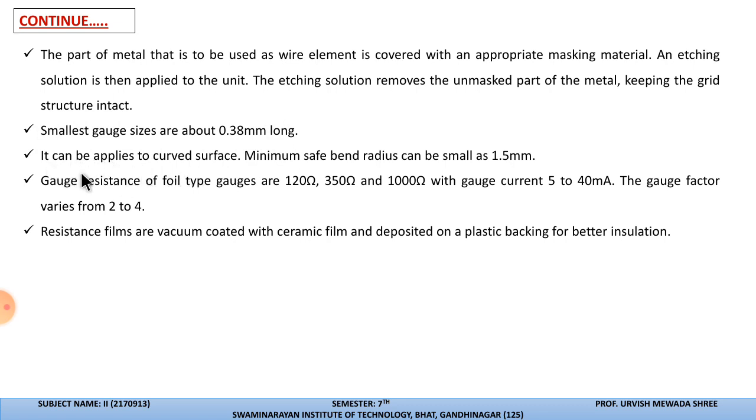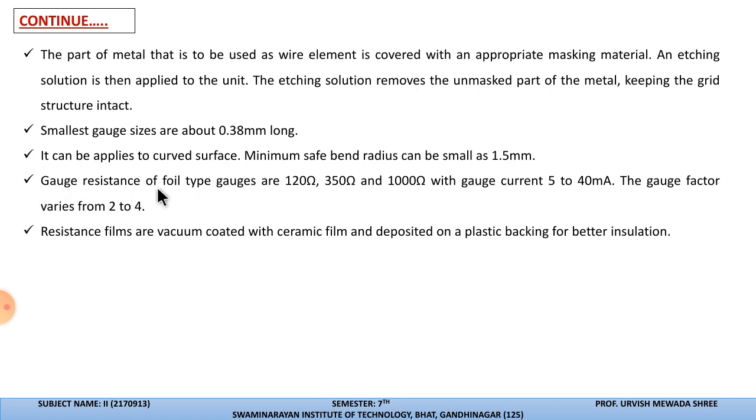Now it can be applied to curved surfaces because we use thin films of the foil, so we can give any shape to that foil, and the minimum safe bend radius can be as small as 1.5 mm. So from this you can imagine that you can give your desired shape to the strain gauge because we use a thin film of the strain gauge material.